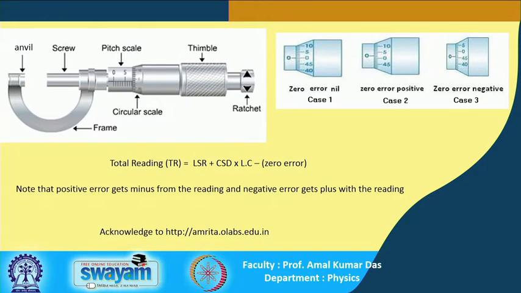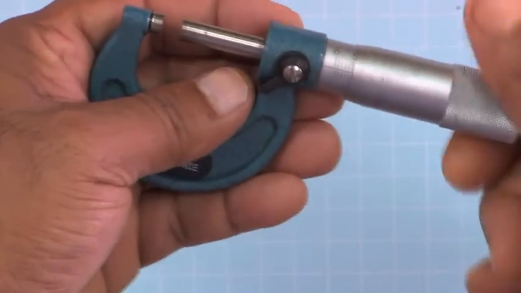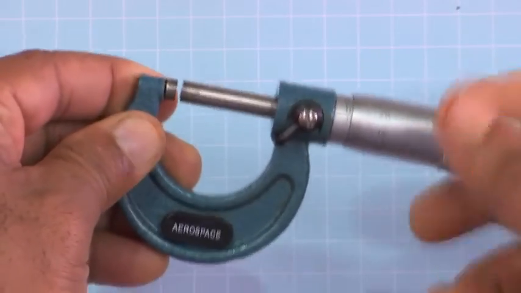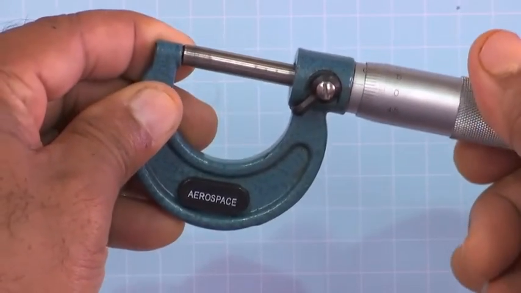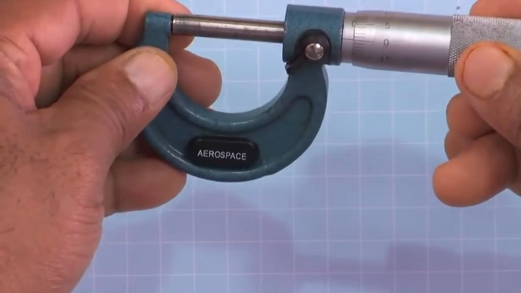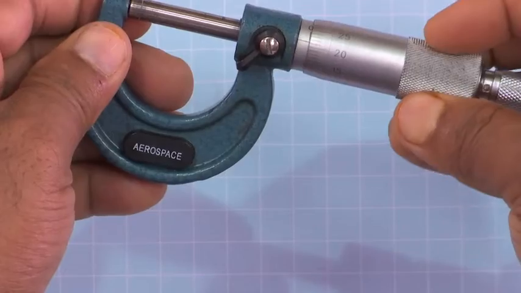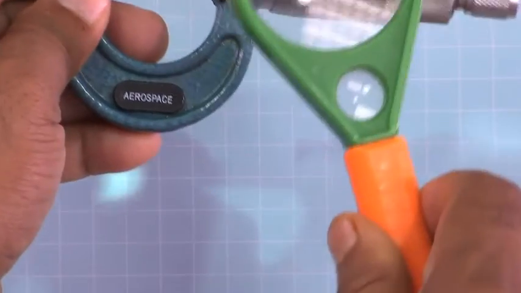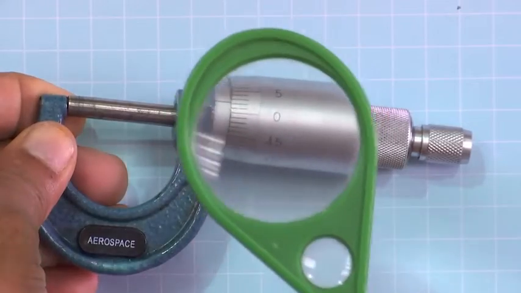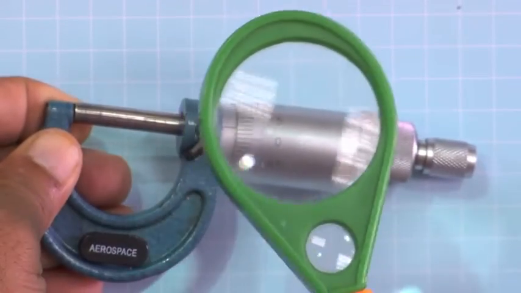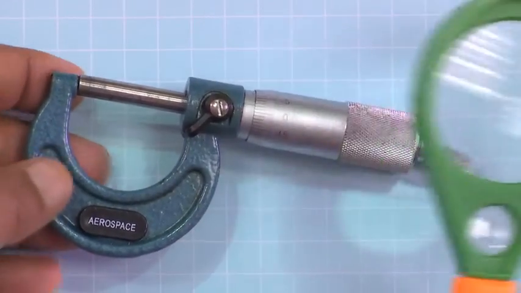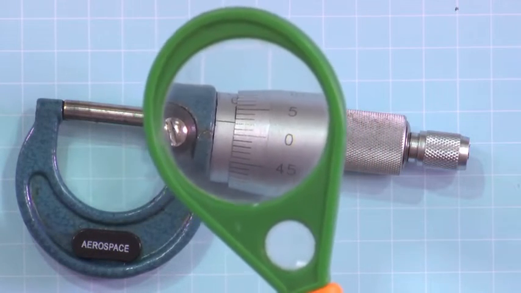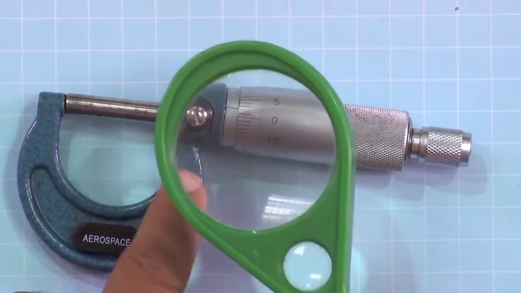In this case also, if these two faces coincide, touching each other, then at that time you have to see the 0 mark on the circular scale, whether it coincides with the linear line.